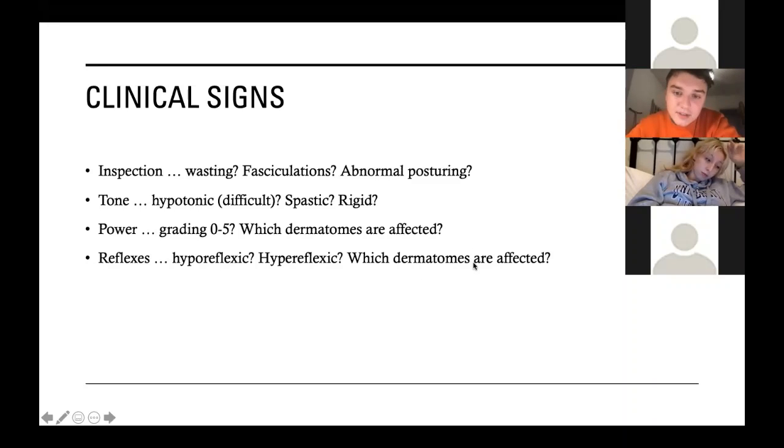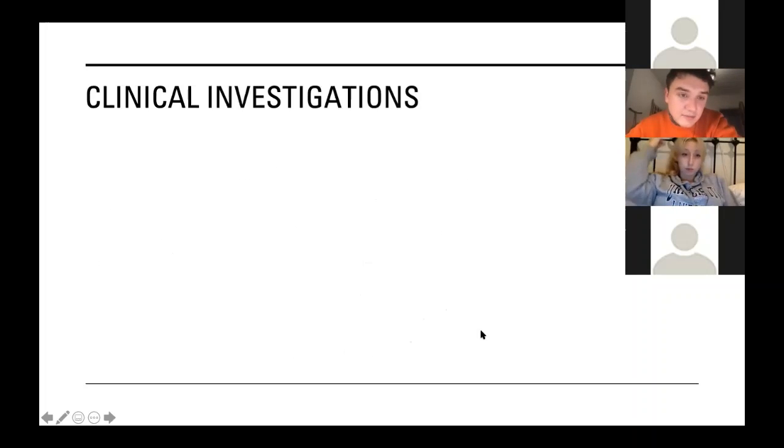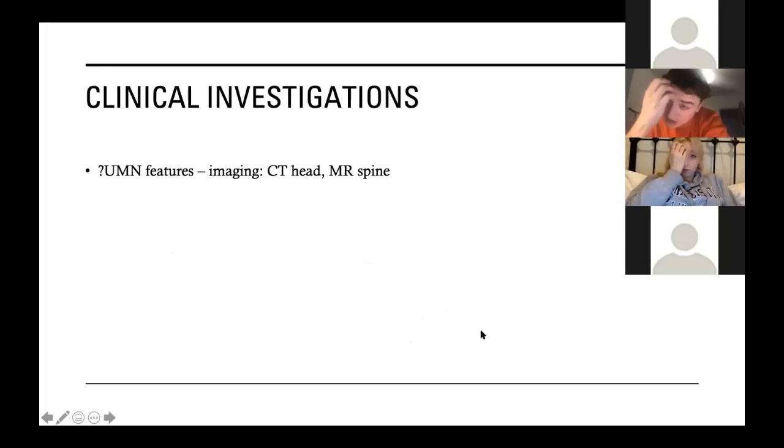And you can also see this will be reflected in the same dermatome. So it's good to know your myotomes and your dermatomes for this. Any special tests? So we talked about Hoffman's earlier, and Babinski's sign, which we also discussed, indicate an upper motor neuron problem.